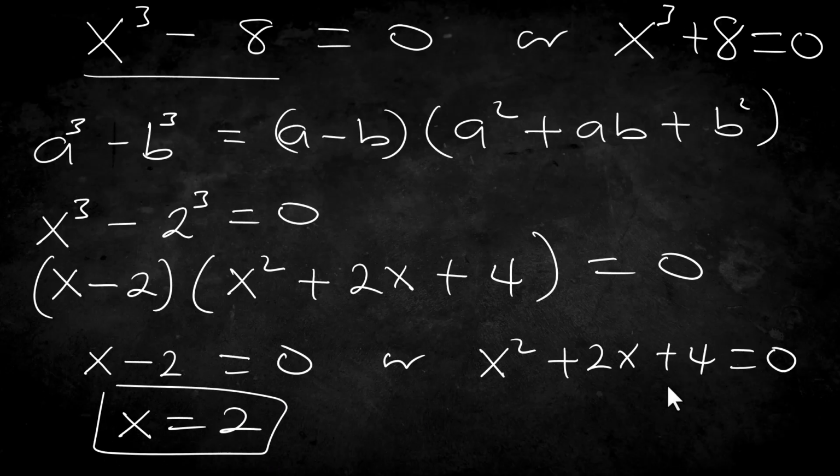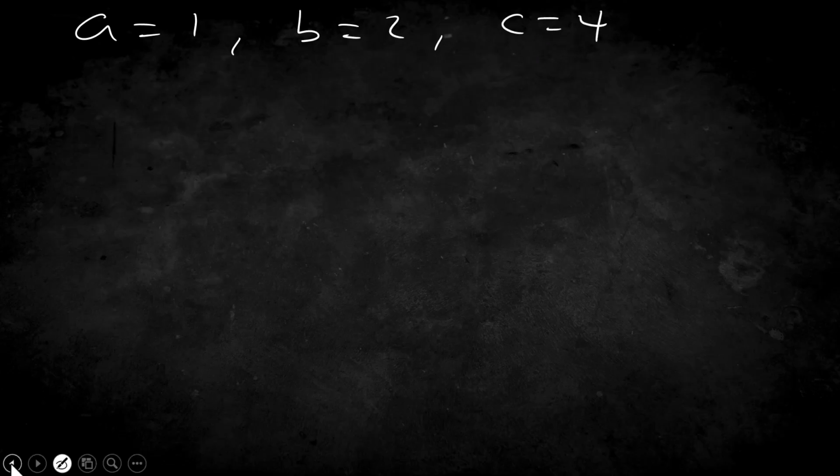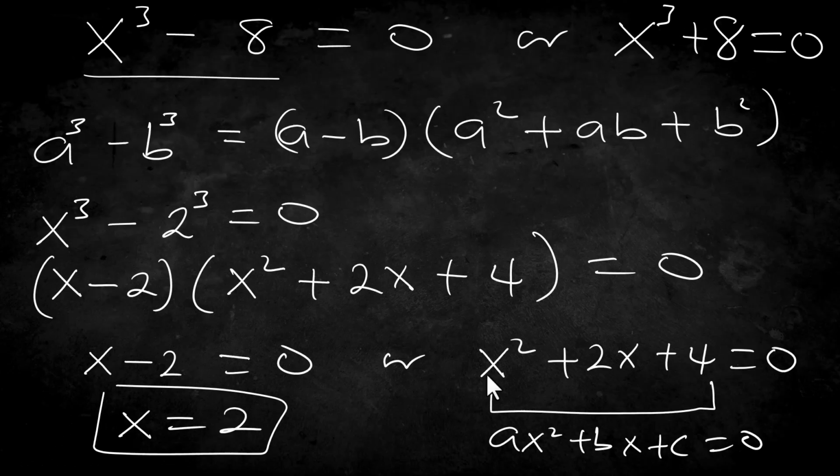Now let's consider this one as we compare it with the general quadratic equation ax squared plus bx plus c equal to 0. So a is 1, b is 2, c is 4. Let's confirm again: a is 1, b is 2, c is 4.